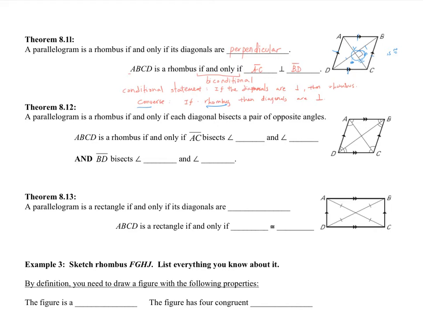So this means that ABCD is a rhombus if and only if AC bisects angle BCD, so this angle, and angle BAD, so that you would have 4 congruent angles, and BD bisects angle ABC, so this one, and angle ADC.